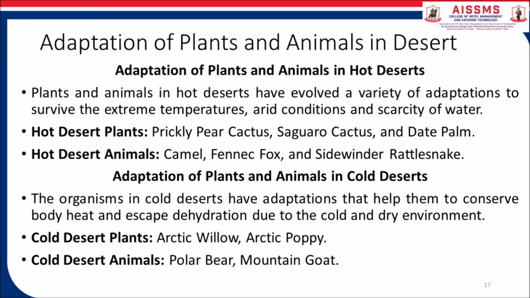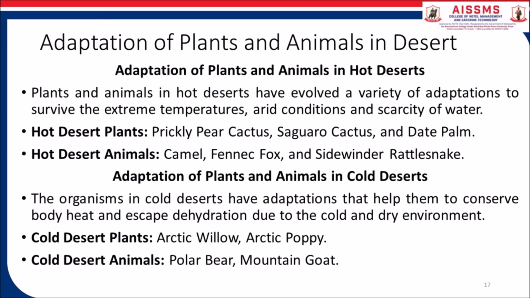Examples of hot desert plants are prickly pear cactus, saguaro cactus, and date palm. Hot desert animals would be camel, fennec fox, and sidewinder rattlesnakes.